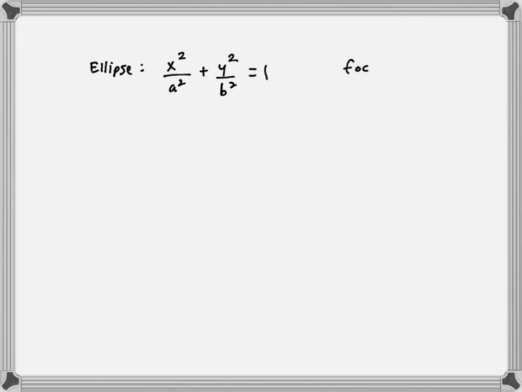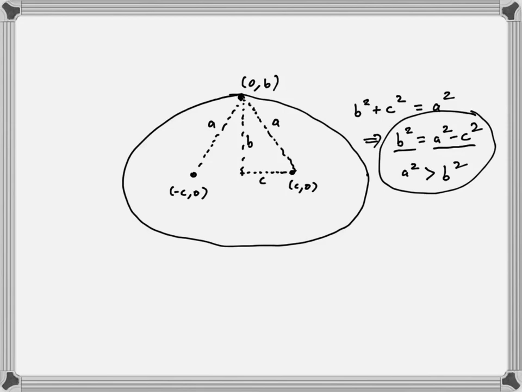The foci are at plus or minus c, 0. And we have a name for these points right here. This point and this point, these are called the vertices, okay? This is a vertex, and this is a vertex.